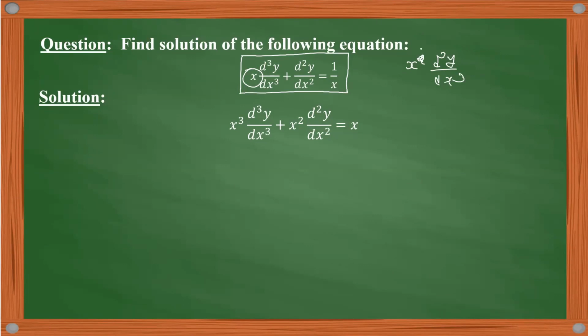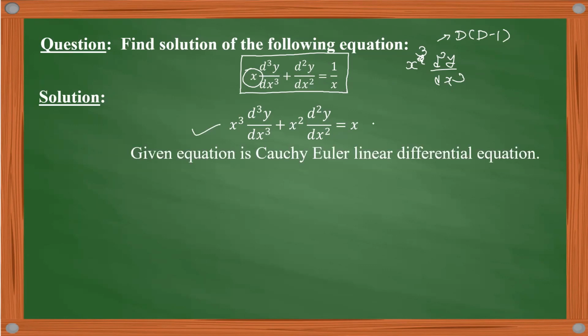But if we have x cube over here, then we will replace it by d into d minus 1. So to bring x cube here, we will multiply this whole equation by x square. So we will get x cube d3y by dx3 plus x square d square y by dx square is equal to x. So this is our Cauchy-Euler linear differential equation.